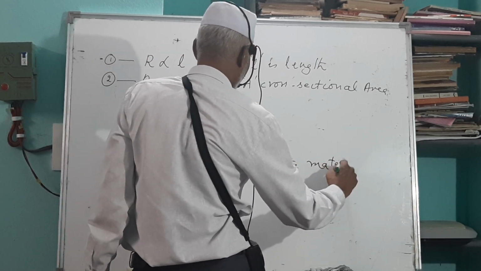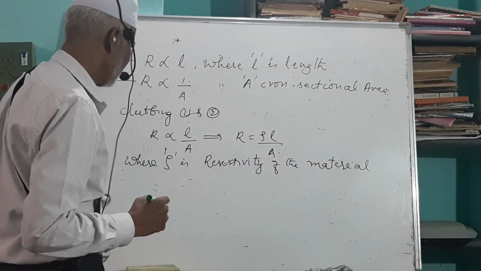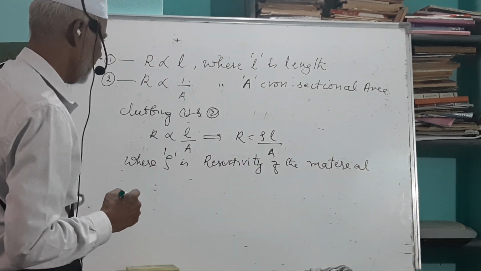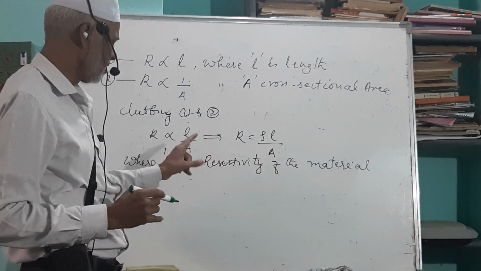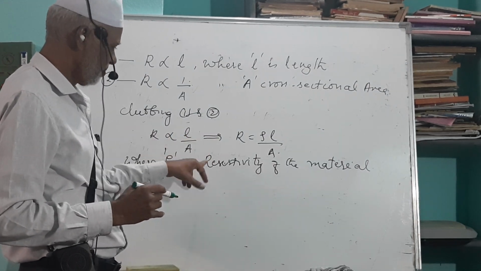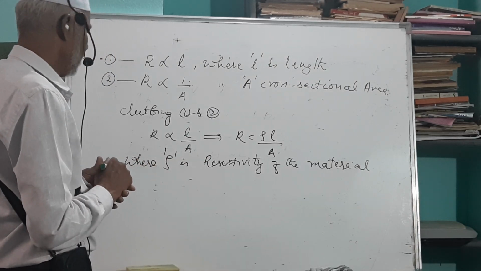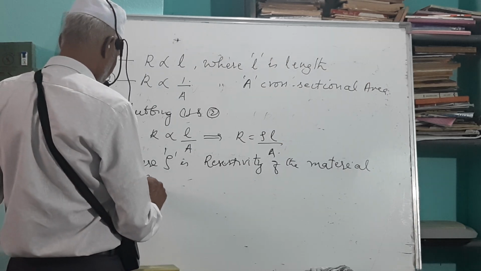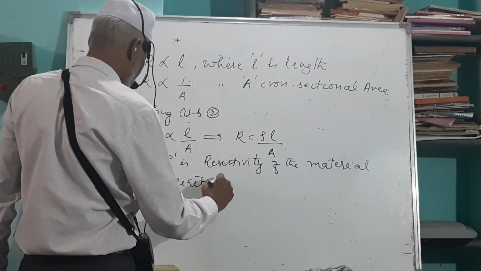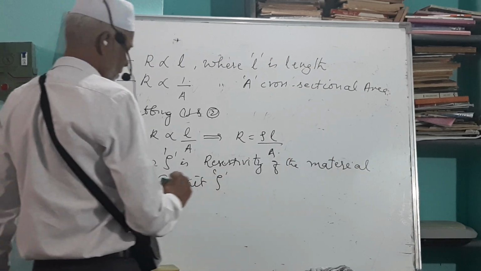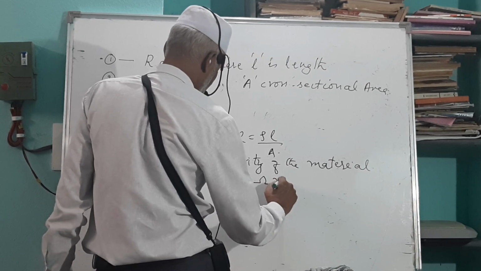Resistivity depends on the nature of the material. Its value does not depend on the dimension of the conductor. The SI unit of rho is ohm meter.